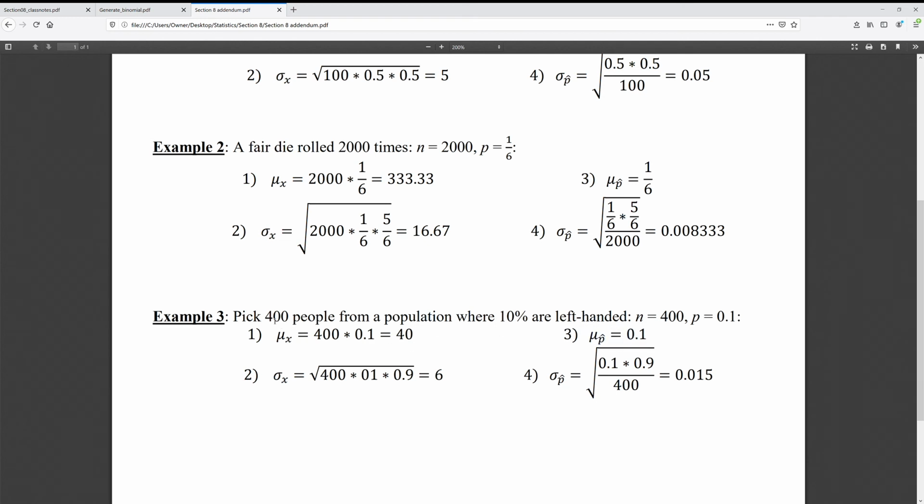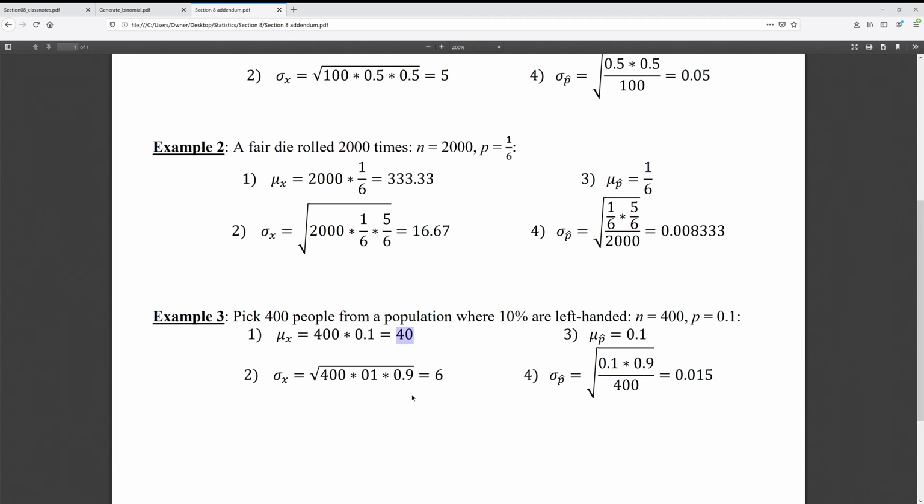Now your typical sample of 400 people, how much more or less than 40 left-handed people are you likely to get? Standard deviation. Square root of n times p times 1 minus p. Square root of 400 times 0.1 times 0.9. Let me just do that out. 400 times 0.1 times 0.9 is 36.